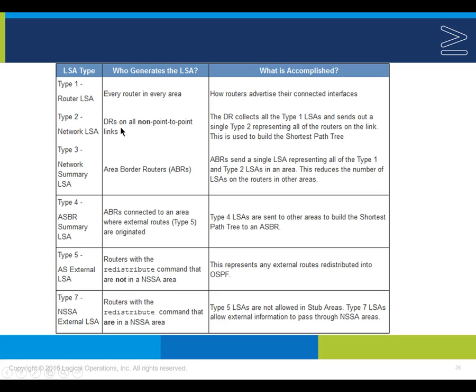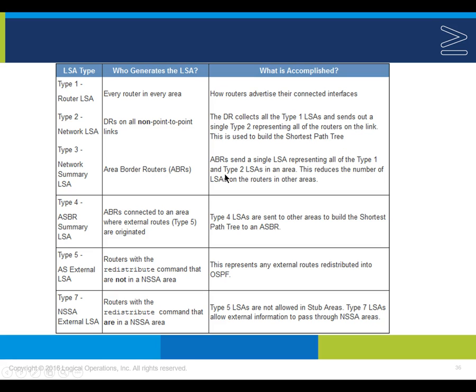Type 2, designated routers on non-point-to-point links, because if we have point-to-point links, serial links, we don't need designated routers. They're only going to be on the Ethernet routers. The DR collects the type 1 LSAs and sends out a single type 2 representing all of the routers on the link. This is used to build the shortest path tree.